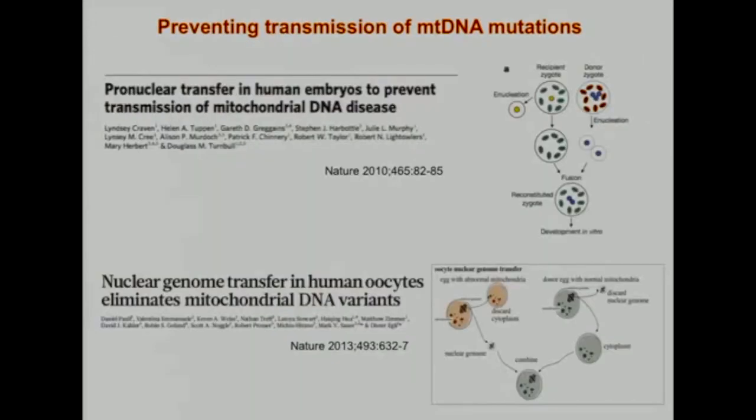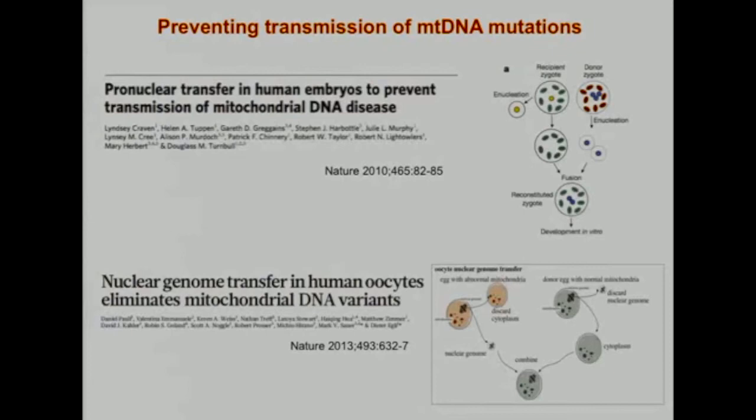Yes. Maybe you heard about 3-parent embryos. It was in the news. It was a hot subject for a while. Well, this has been really pioneered by the group in Newcastle, England, Doug Turnbull, Mary Herbert, and colleagues.